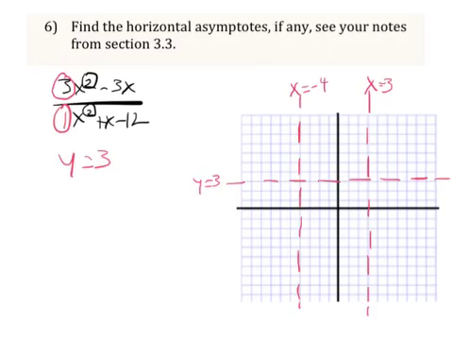Okay, so I've entered this into my calculator, and we want to create an XY chart. We want to pick some numbers to the left of negative 4, so we go negative 6, negative 5. We could pick to the right of negative 4 and in between here.